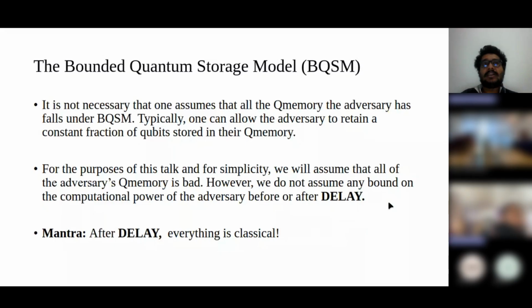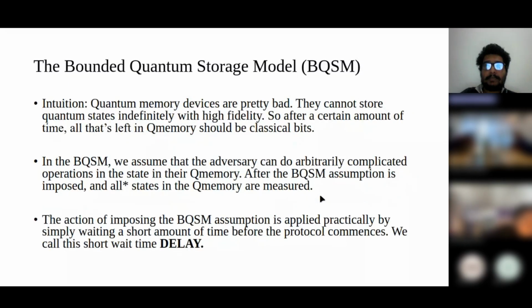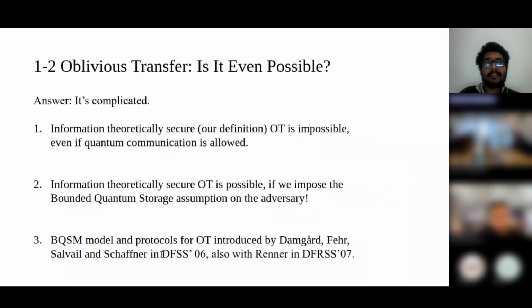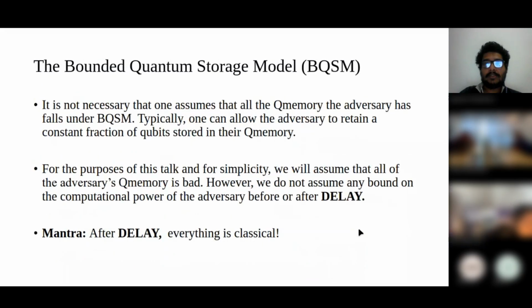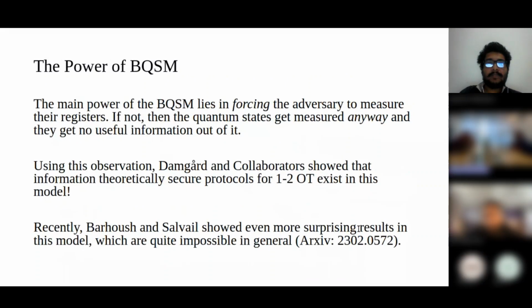I can point you to some references if you want. The best references are essentially these two works, and in fact this one is extremely well written. Got it. Thank you so much.